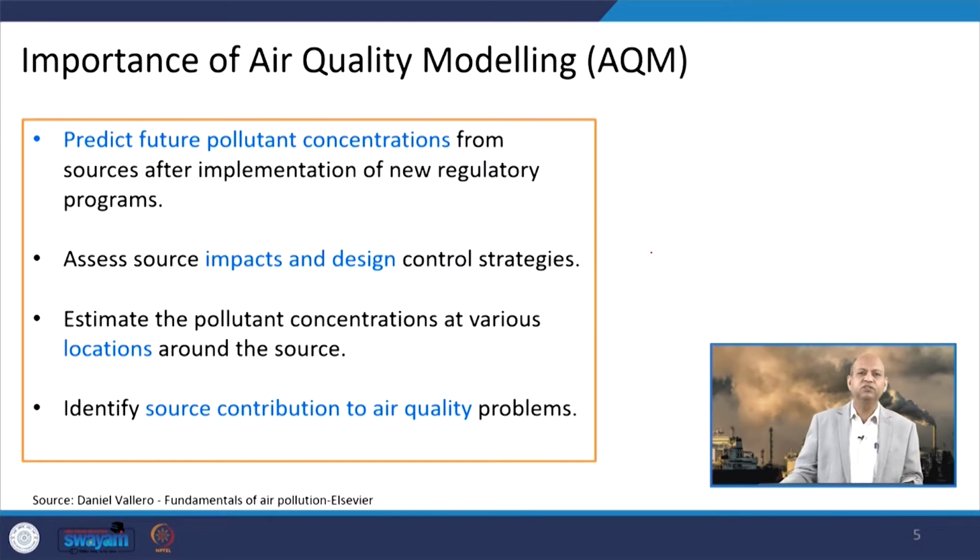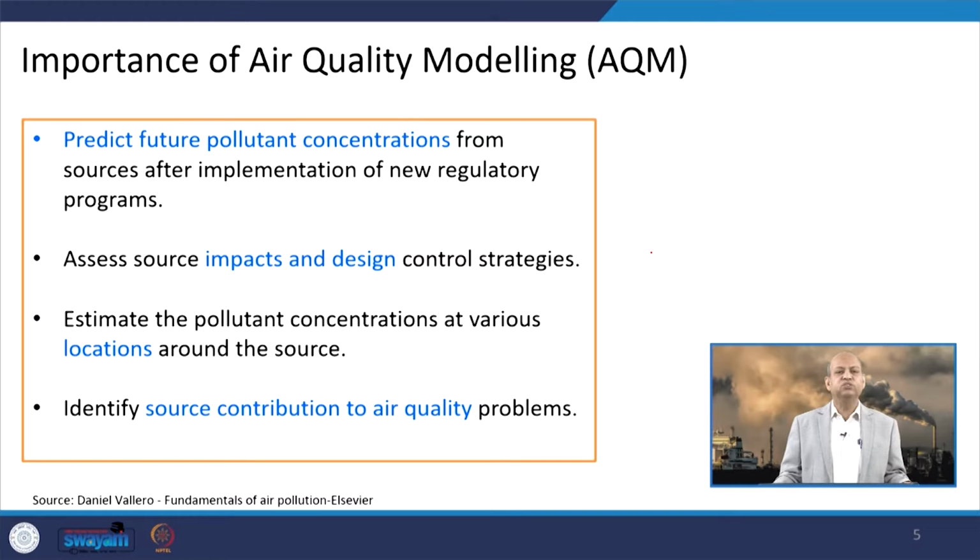Well, so the importance of the modeling, as I said, if you want to come up with some industrial area, whether it is at a good location or not, whether it will influence some receptor in the downwind direction, that can be a village or town, or it can be some ecologically sensitive area, some river or some forest area like a sanctuary, whose air quality you do not want to influence, because then the whole ecosystem can be negatively influenced.